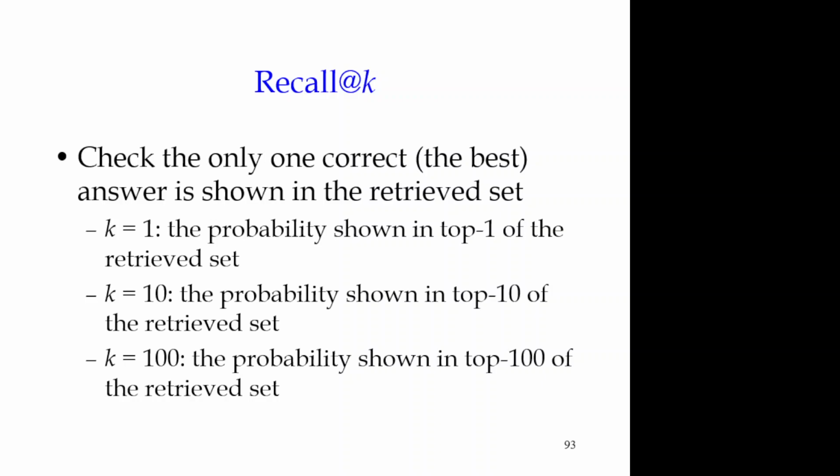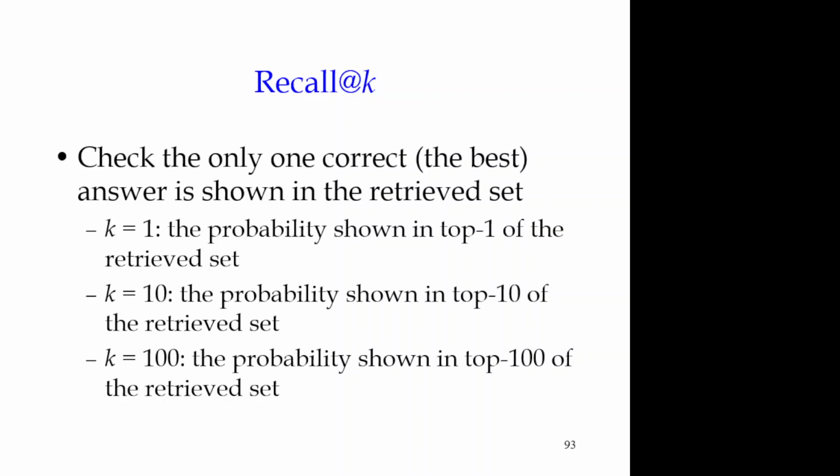The retrieval set size can be K. If K is 1, it means the probability that the correct answer is shown in the top one. If K is 10, I return you 10 results, the top 10, and the correct answer should be shown in the top 10 results. If K is 100, I return you 100 results, and the correct answer should be in the top 100 set.